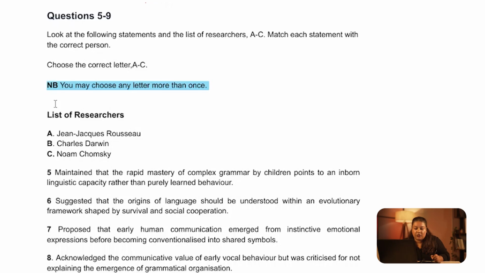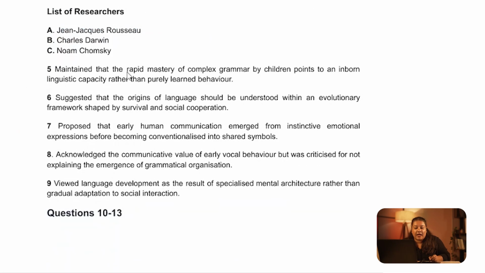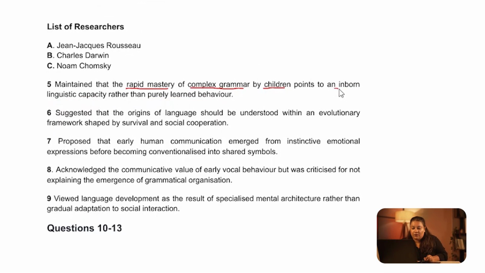Now let's look at question number 5. Maintain that the rapid mastery of complex grammar by children points to an inborn linguistic capacity rather than purely learned behavior. So we'll mark rapid mastery as our keyword, complex grammar, children, very important, inborn linguistic capacity, not purely learned behavior.